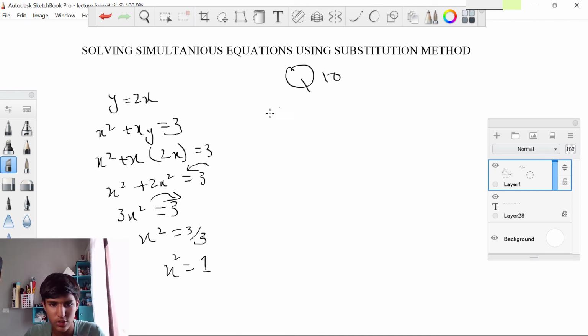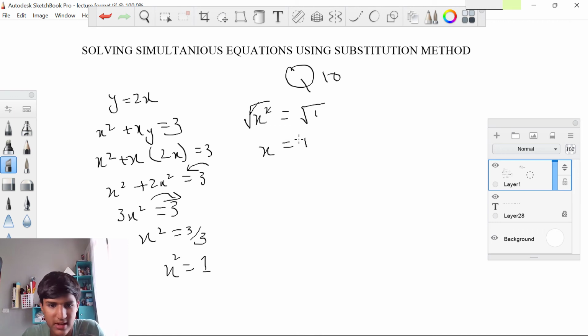We're going to take the under root of x squared. We're going to take under root on both sides. x squared is equal to under root of 1. So on this side, under root will be cancelled by root squared. x equal to 1 because the under root of 1 is 1.